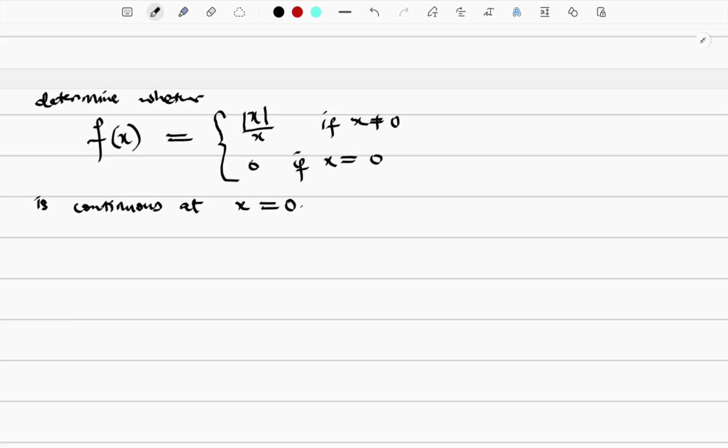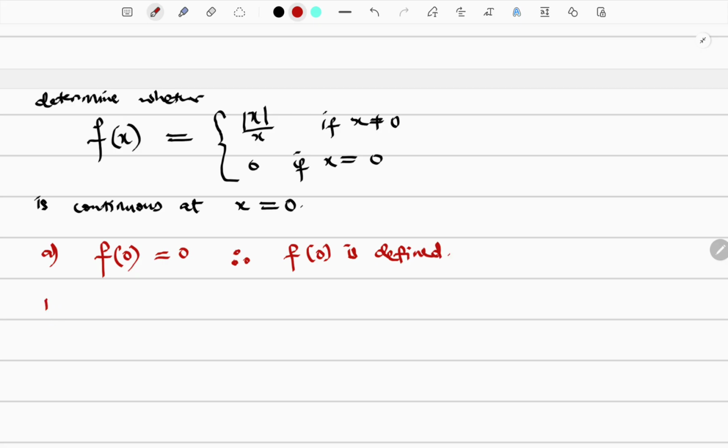The first point we have to prove is that f of a exists. You can see here that f of 0 is equal to 0. Therefore, f of 0 is defined. Right? So that is the first point.